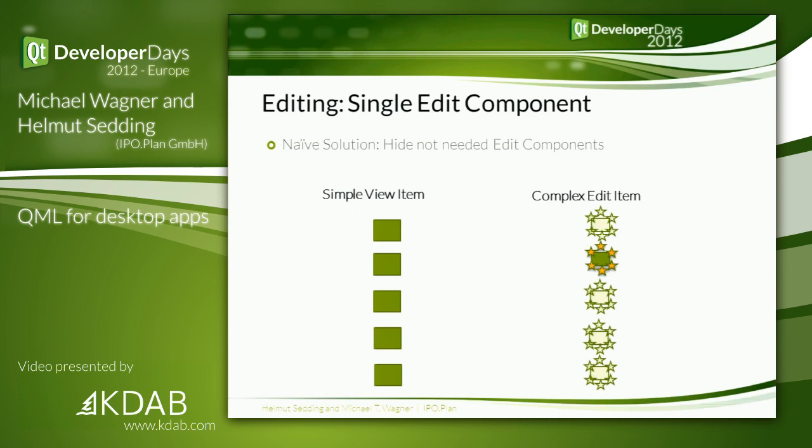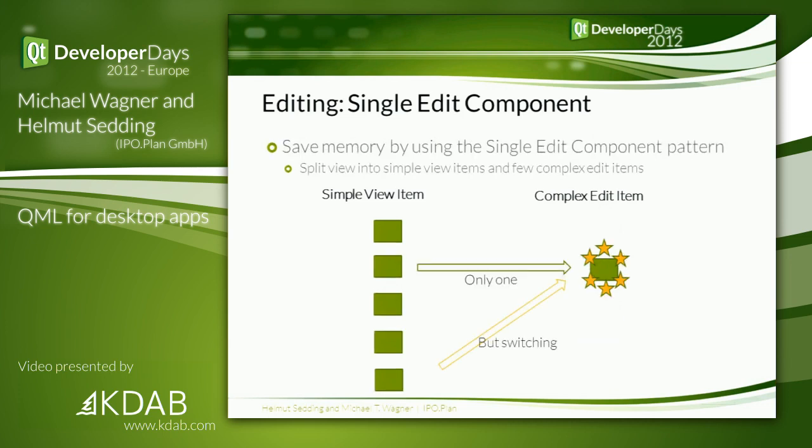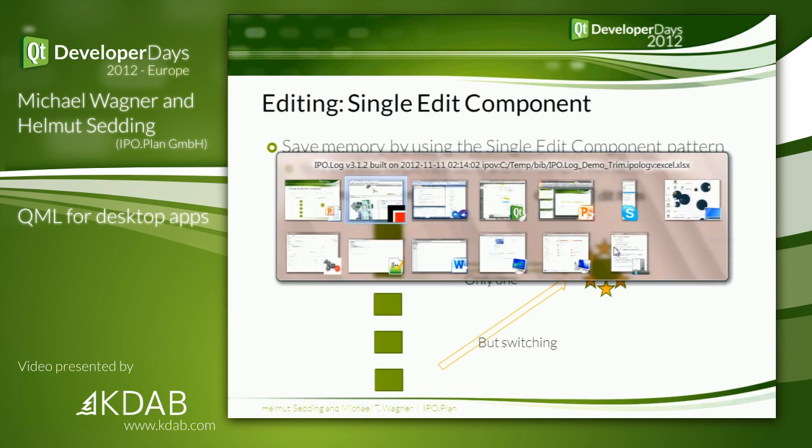This is okay for small scenes. For large scenes, this is quite slow because every one of those edit elements needs to be set up. And the problem is, if you have the setup here, you probably don't need the edit items anyway. So what one can do, and this is what we propose as a pattern, is a single edit component, which is basically one of those edit components, moved onto the area I currently edit. So I can switch the edited element.